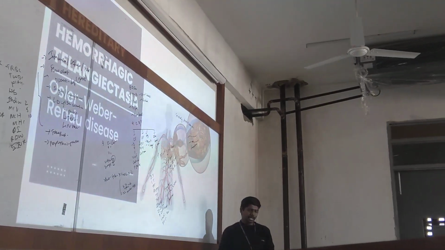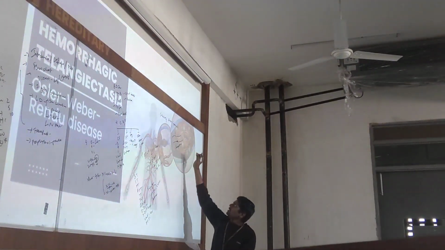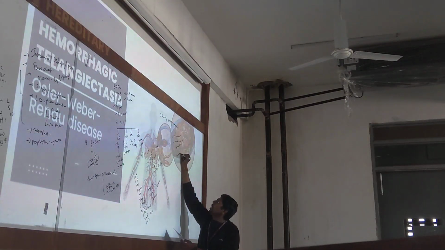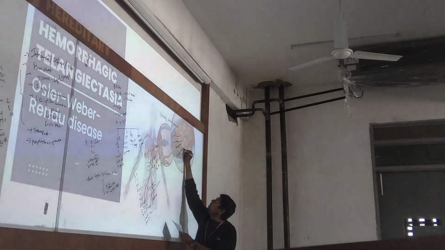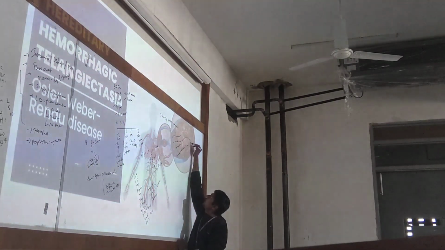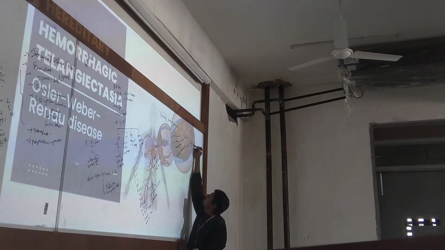Clear, right? So damaged tissue will release thrombomodulin plus it will also release thrombin. In parallel, it will also release lysozymes.